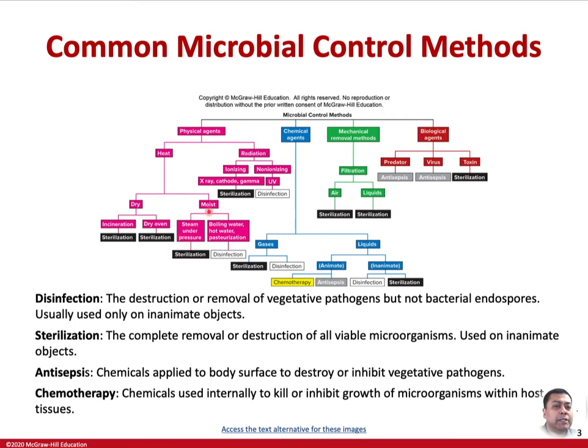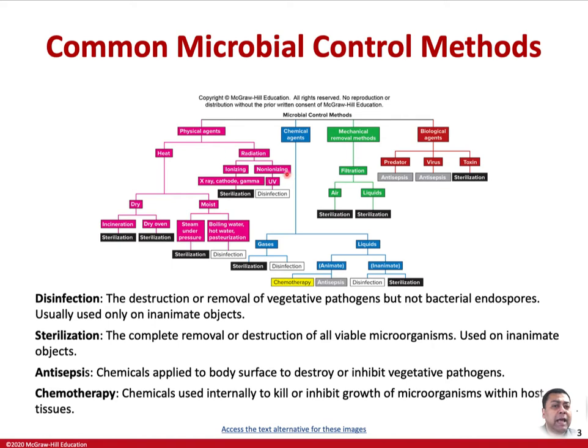Then you have moist heat, which is steam under pressure, and which can cause sterilization as well. We're going to talk about that. And then you have another moist heat, which could be boiling water, hot water, or pasteurization. This can lead to disinfection. That means it can kill the vegetative pathogens, but it will not sterilize. So this is the scheme for heat.